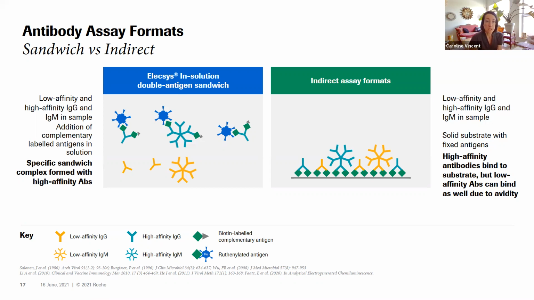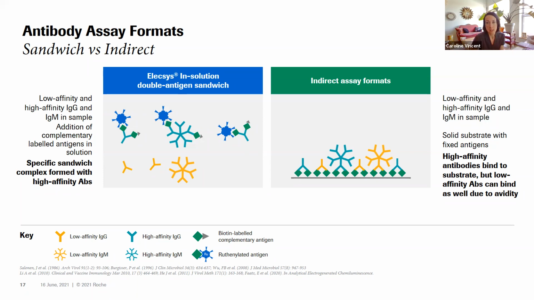And so this will allow low affinity interactions to take place between the antibody and the antigen. So this refers to the concept of avidity. And so avidity refers to the combined strength of binding across all binding sites between the antibody and the antigen.